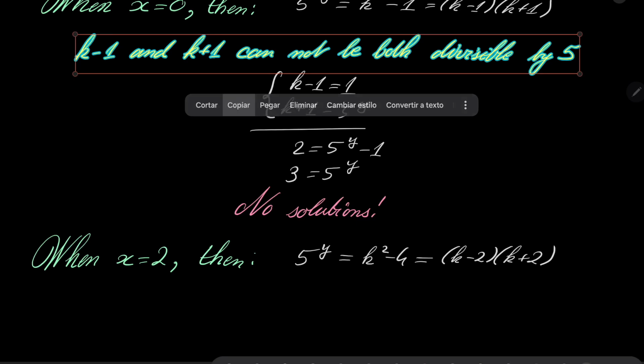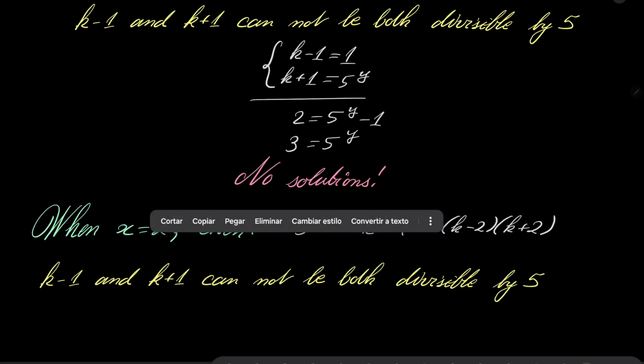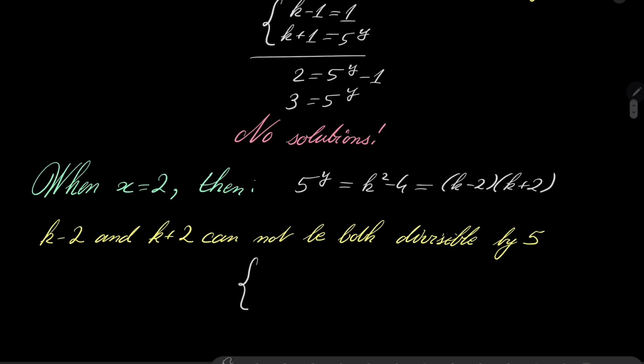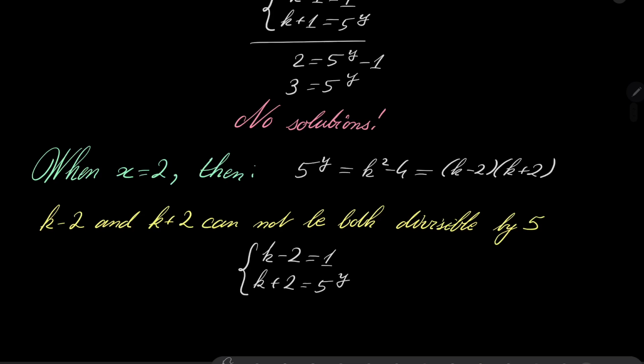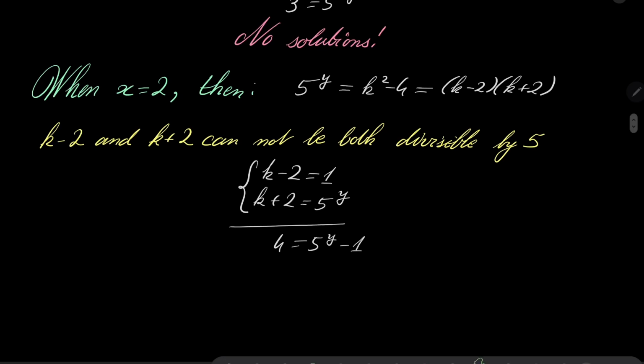So still, they cannot both be divisible by 5. Which means, once again, that we have only one option. K minus 2 must be 1, and k plus 2 must be 5 to the power of y. After subtraction, we get 4 equals 5 to the power of y minus 1, and from there, we see that y equals 1. We have another solution.